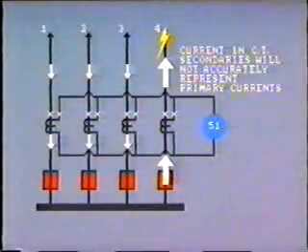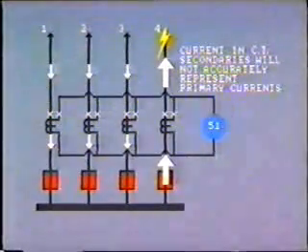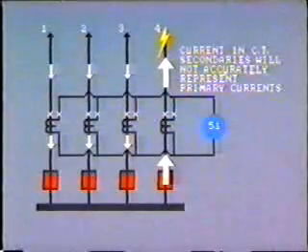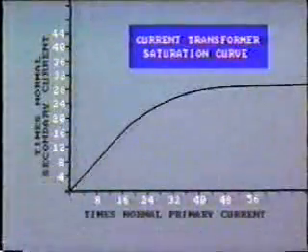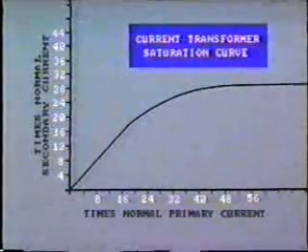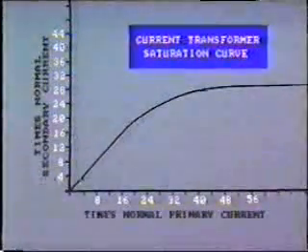Therefore, it is likely that the current in the CT secondaries will not accurately represent all the primary currents. This is especially true if the CT on line number 4 becomes saturated due to the heavy current flow. You'll remember we discussed saturation of the iron core in an earlier tape.